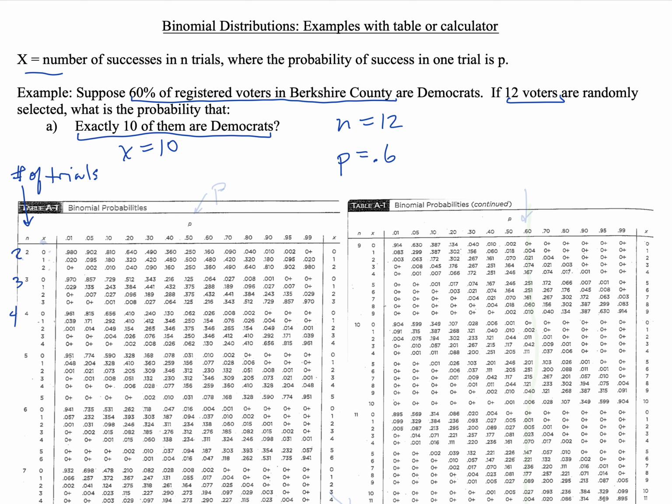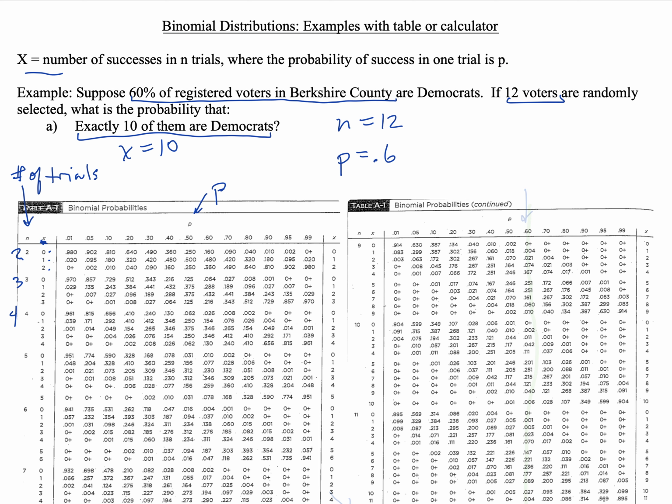And then within each of those, if we're looking for x, the number of successes, so for 2 trials, here's 0, 1, and 2 successes. And then up top is p, the probability of success in one trial.